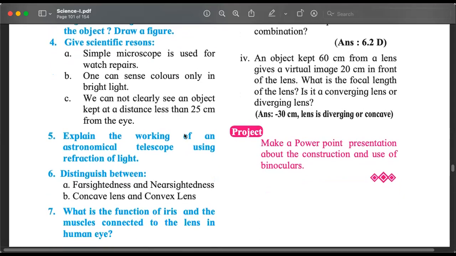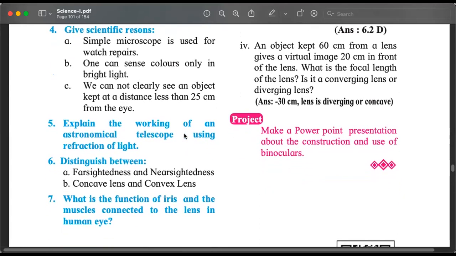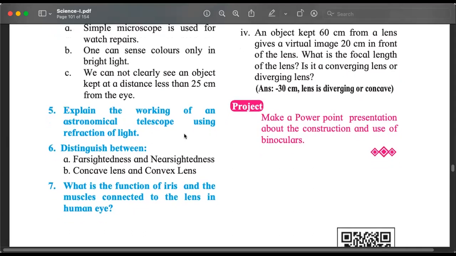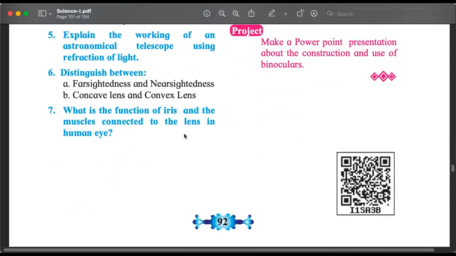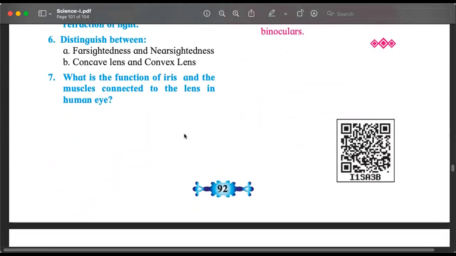Question number 4, give scientific reasons, microscopes, colors, and seeing the object, distance and all. Maths we have not done, not 4. Number 5, telescope, nope. Number 6, distinguish between far-sightedness and nearsightedness. We cannot answer. But concave lens and convex lens, this we can differentiate.